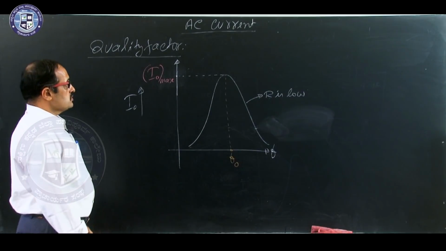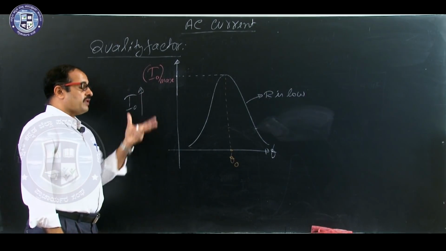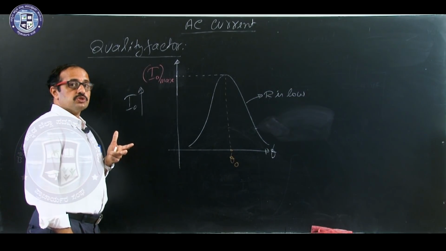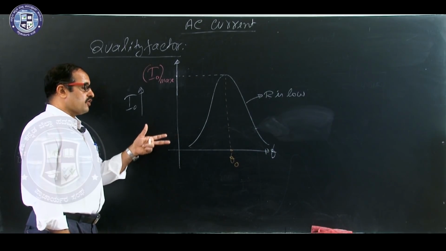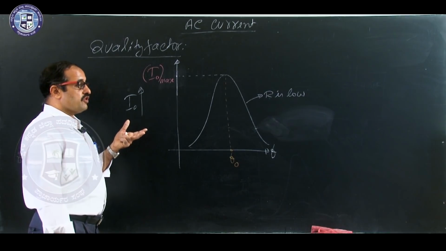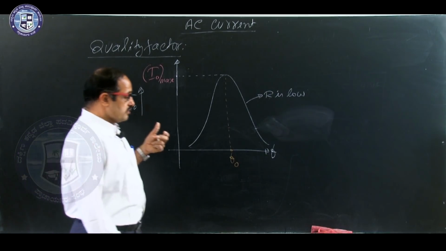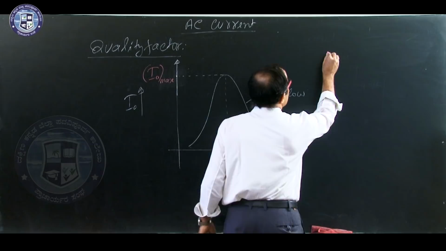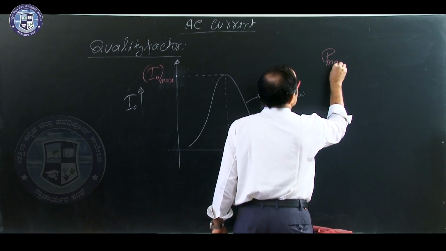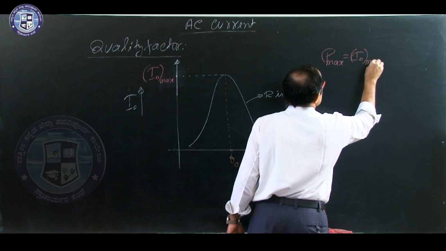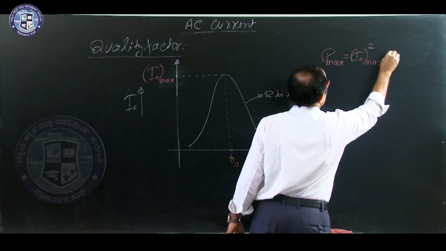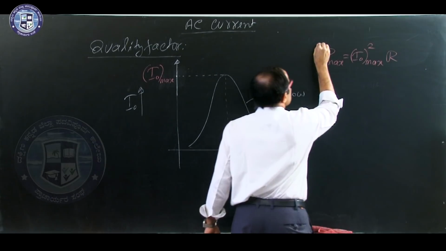Okay. And we know when current is maximum, power consumption is also maximum. Therefore, under resonance current in the circuit is maximum, power consumption is maximum. Therefore, we calculate P maximum is equal to I naught maximum square into R.